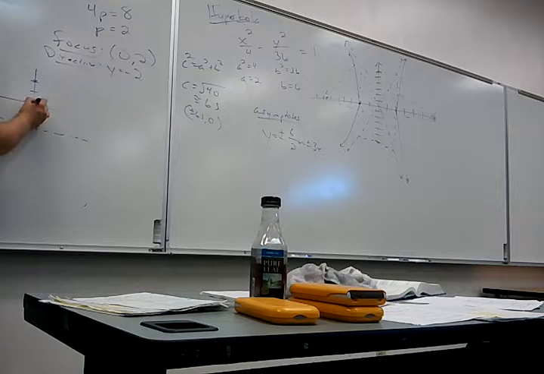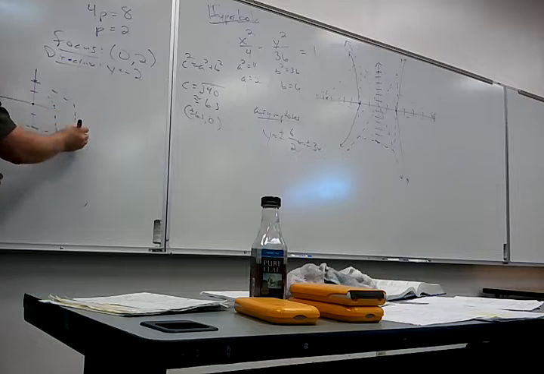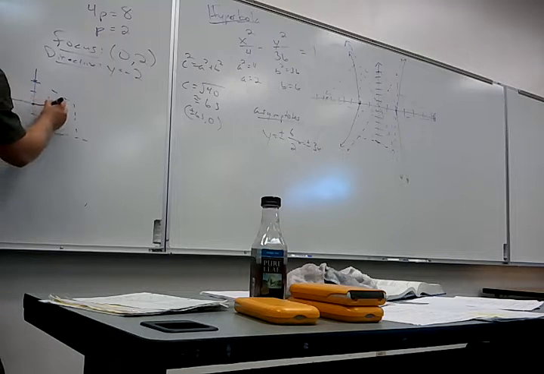So 0 is obviously 2 away from both the line and the point. The minute I start moving over, this is going to be really fat, so I've got to be maybe here so that this is equidistant from that, and then maybe here so that this is equidistant as that. Those distances have to be the same so that I can build it that way.